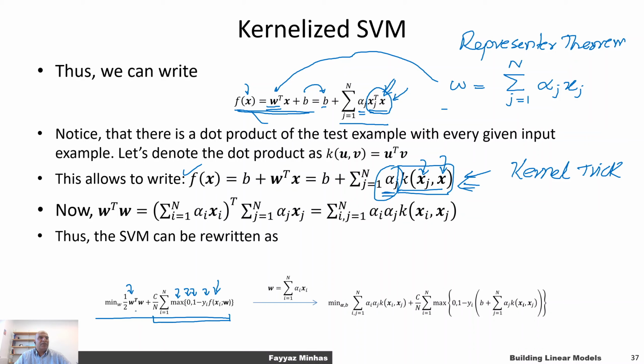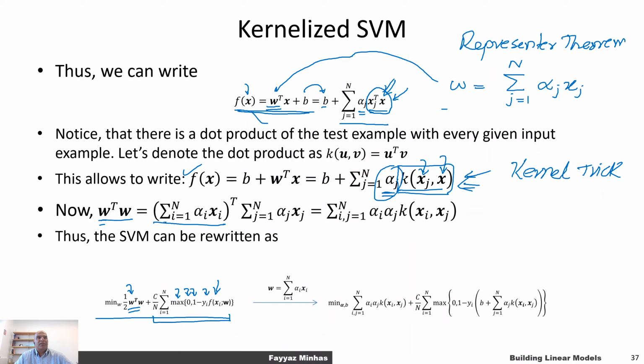On the left-hand side, we have w transpose w, and that is what we still need to kernelize. But based on the representer theorem, we know that we can express w in terms of the given data points, so we can write w transpose w like this.